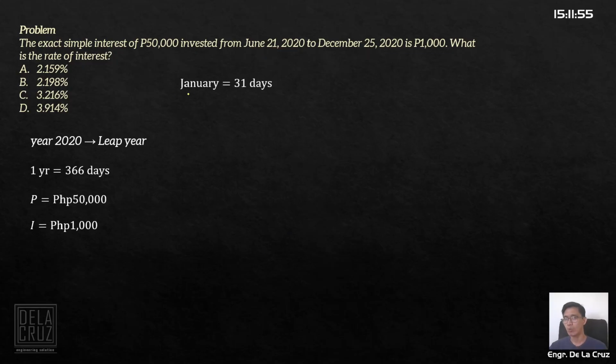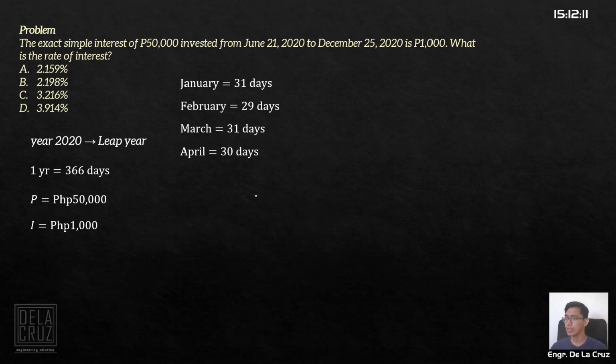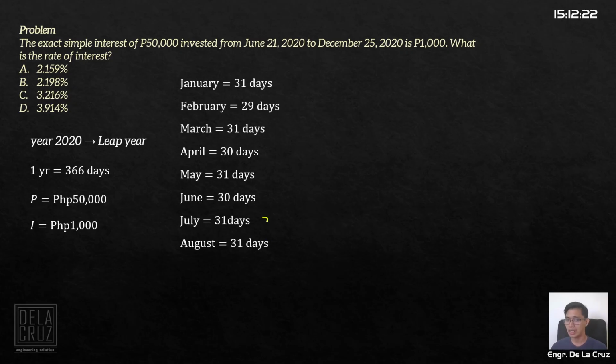Balikan natin. January has 31 days. For a leap year, February has 29 days. That's for a leap year. So, kung hindi siya leap year, 28 days na siya. March, 31 days. April has 30 days. May has 31. June has 30 days. Sulat na lang natin lahat. July has 31. August has 31 days. Ito yung tinatandaan ko. July and August pareho sila, 31 days.